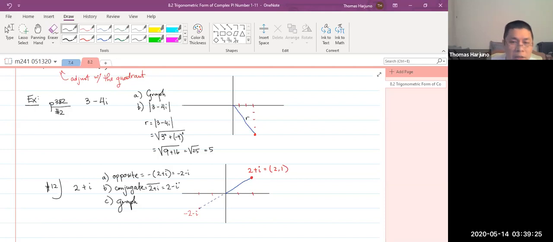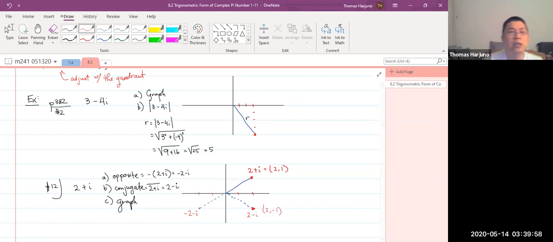If I plot that on this coordinate plane, the conjugate has the same x but opposite y. This is 2 minus I. In coordinates, that's 2 comma negative 1.